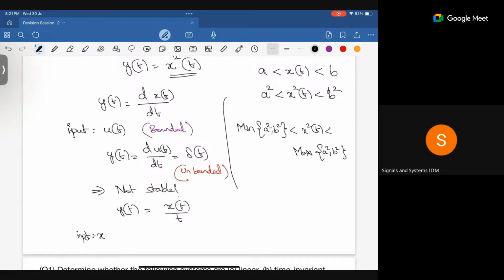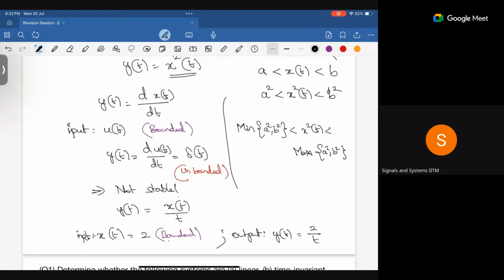You start with u of t and then sine, cos, and then if you simply take x of t to be some constant value, which is bounded, this is bounded, but if you see the output, y of t will be 2 by t, right?